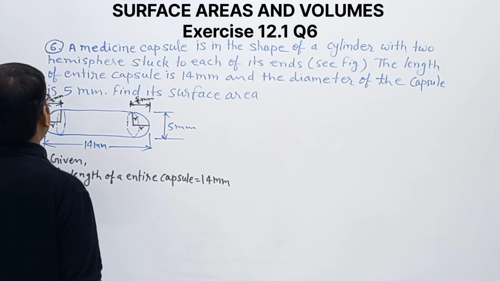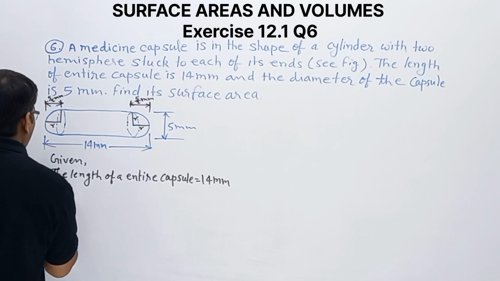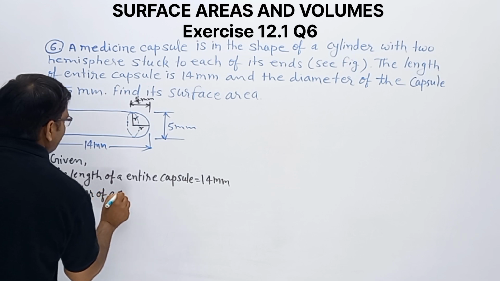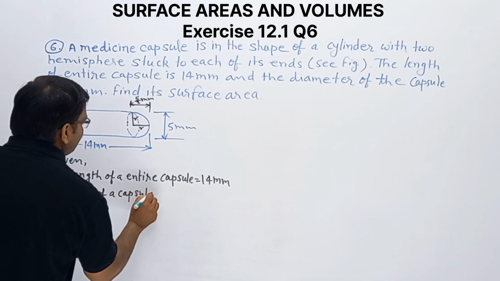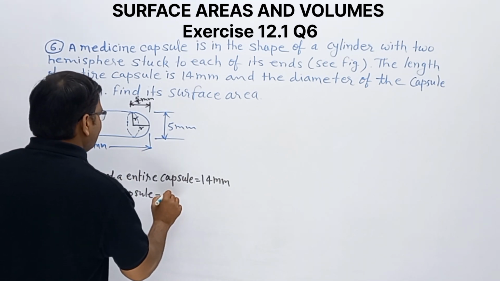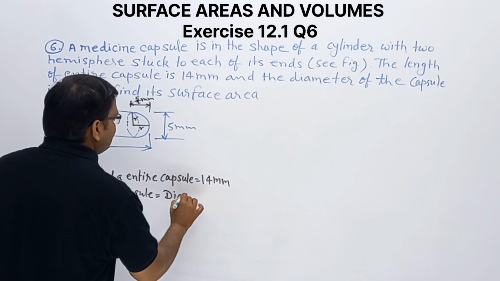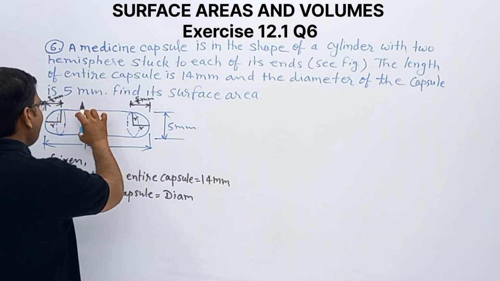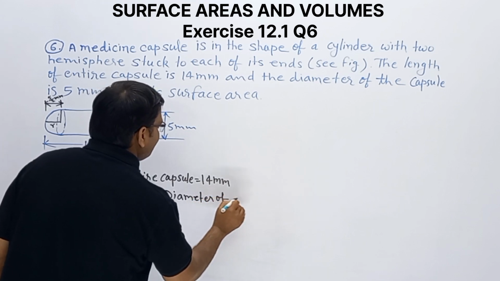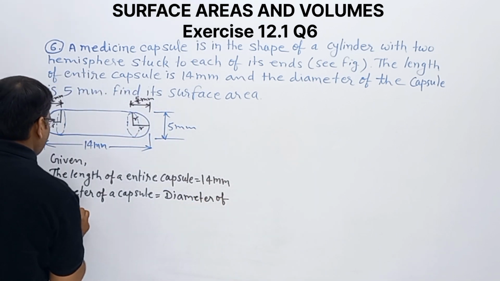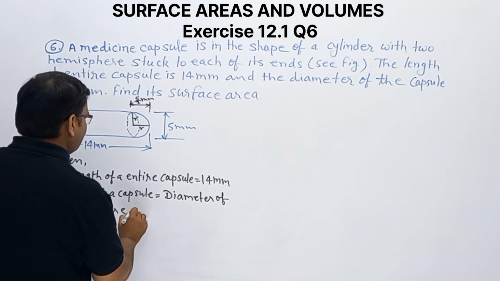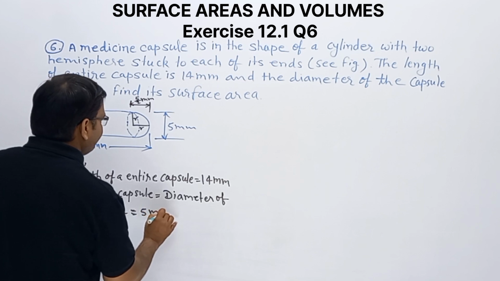Now the diameter of a capsule equals the diameter of a hemisphere, and this is given as 5 mm.